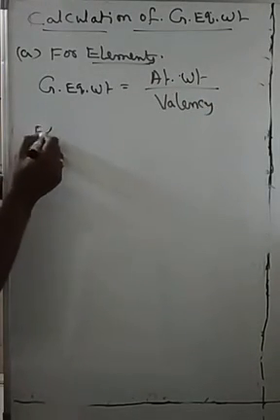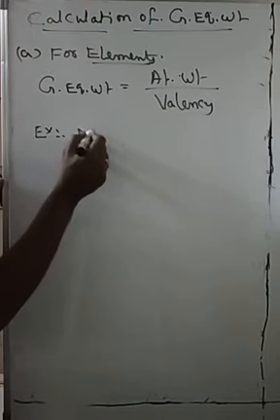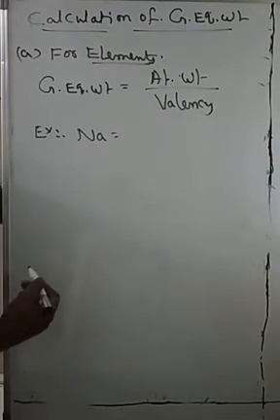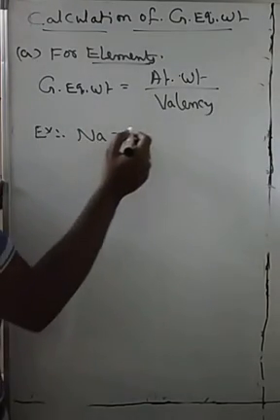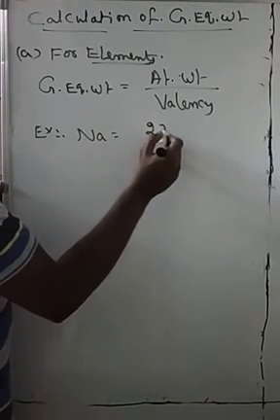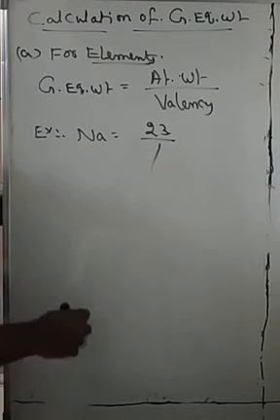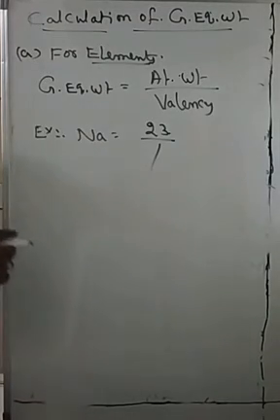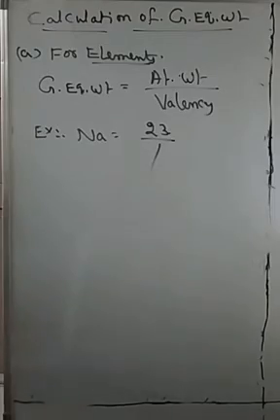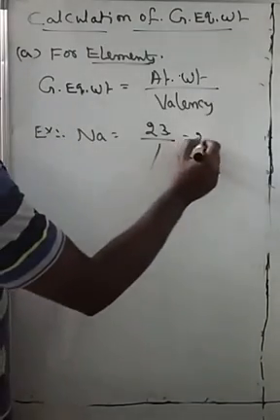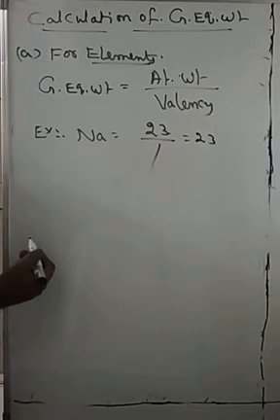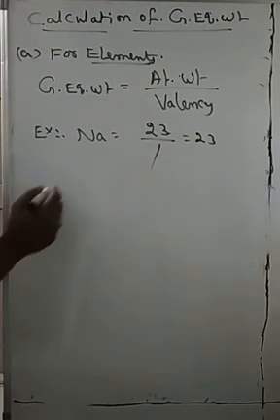For example, take sodium. Gram atomic weight of sodium is 23, and valency of sodium is 1 because it is in the first group of elements. The number of valence electrons is only 1. That's why valency is 1. Therefore, gram equivalent weight is equal to 23.